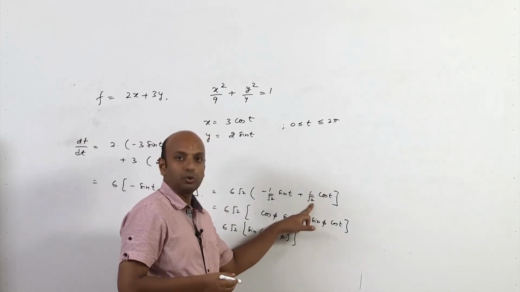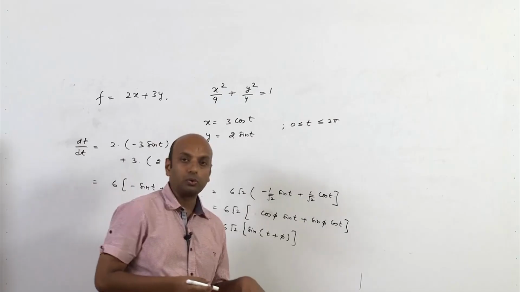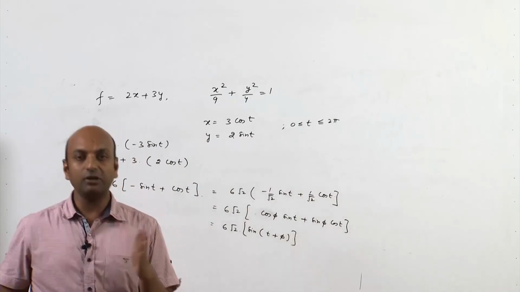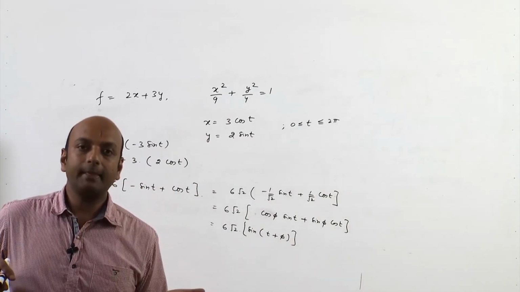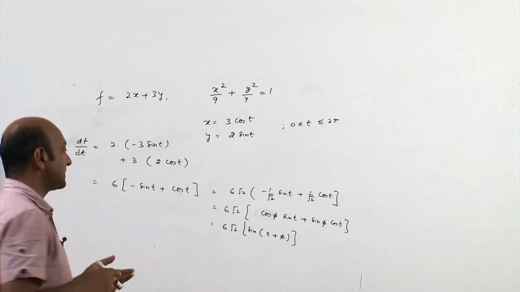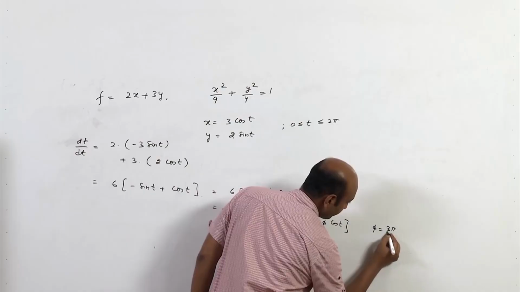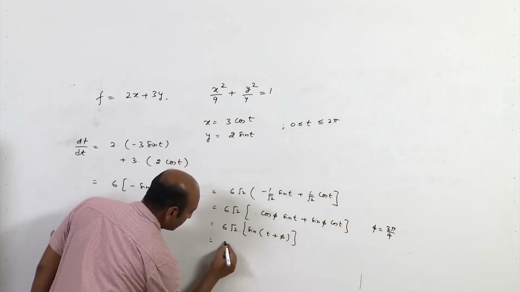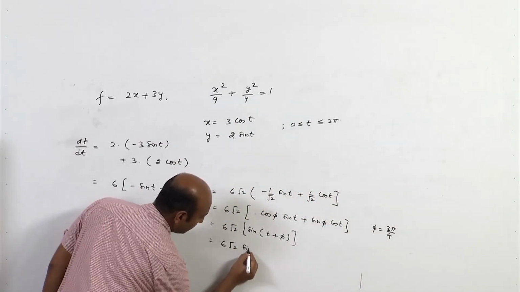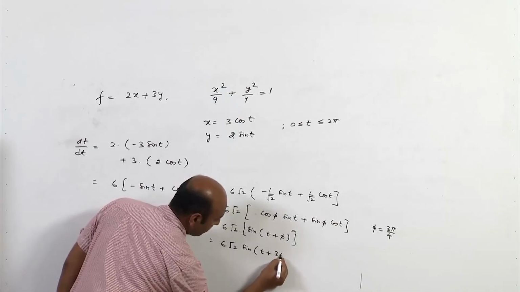Sin phi is 1 by under root 2 and cos phi is minus 1 by under root 2, that is phi lies in second quadrant. So, that will be simply pi minus pi by 4, that is 3 pi by 4. So, phi will be 3 pi by 4. So, you can simply take it as 6 under root 2 sin t plus 3 pi by 4.